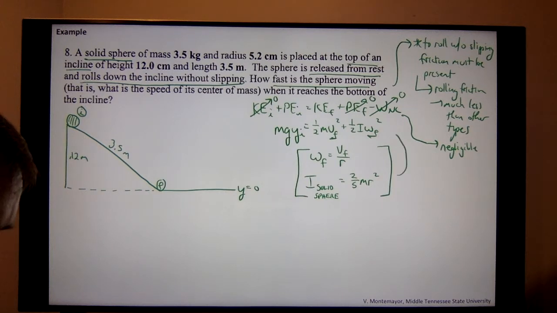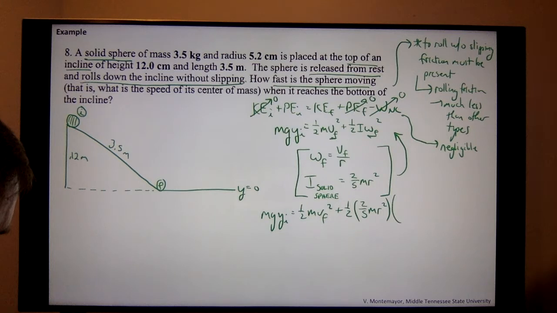So plugging those in, we now have mg y initial equals 1/2 mv final squared plus 1/2 times 2/5 mr squared, and then omega final squared, which means I'm going to have V final squared over R squared.